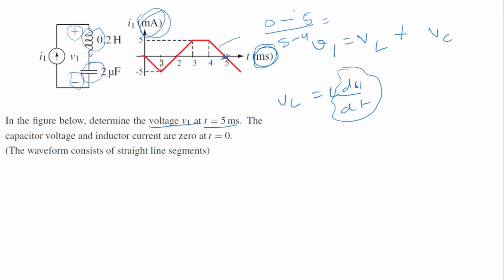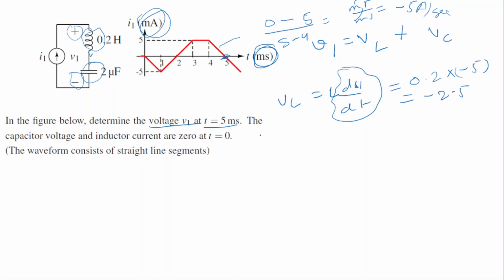This is in milliampere and this is in millisecond, so milli cancels. It will be equal to minus 5 ampere per second. Now to calculate the voltage across the inductor, we put L as 0.2 henry multiplied by minus 5, so it will be equal to minus 2.5.